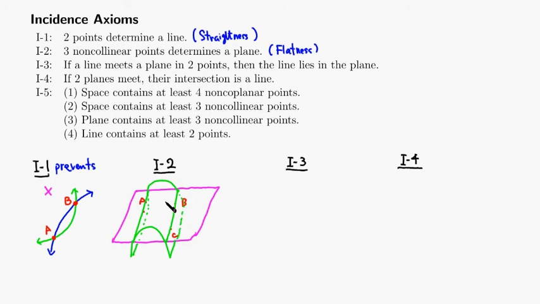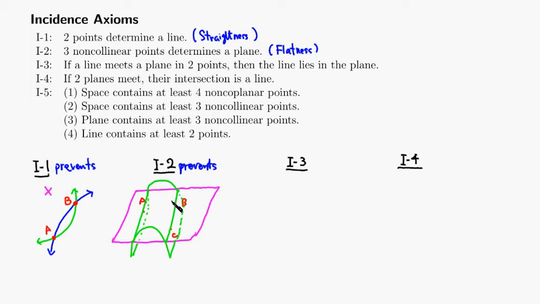In order to have another plane go through those 3 points, we have to bend the second plane. I2 is trying to prevent that. So once you have 3 non-collinear points, there must be exactly one plane containing all 3. Again, I2 prevents bending of the plane.